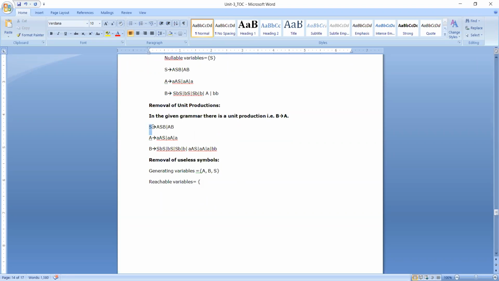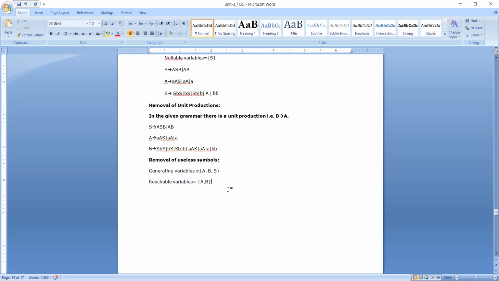From S, is there any production with which I can go to capital A? Yes, there is a production called ASB. And from the start symbol S, is there any production where I can reach capital B? Yes, there is a production called ASB or AB. Now I can say that we have the reachable variables A, B.